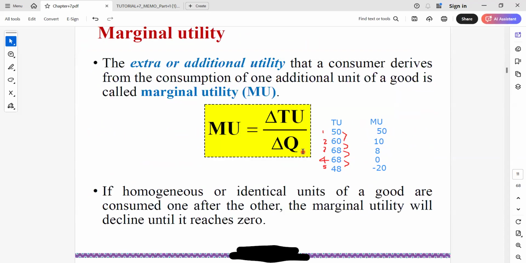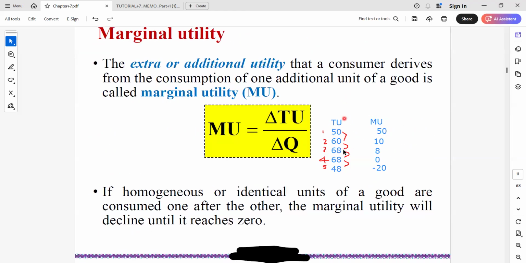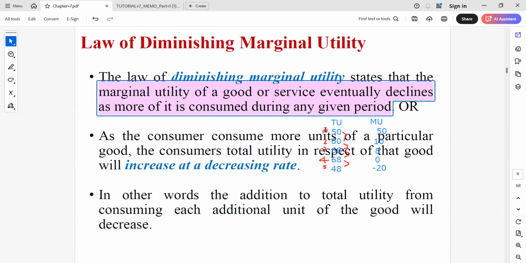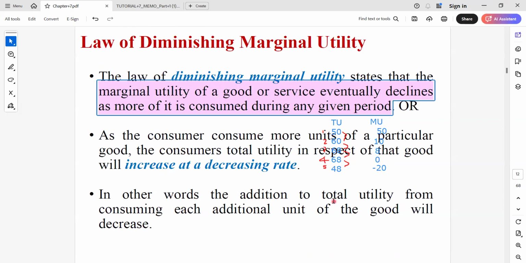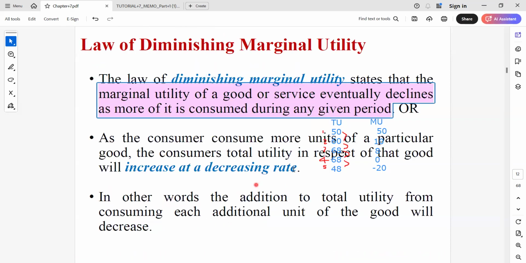I did mention that your total utility will increase, but at a decreasing rate, because the additional extra unit that you are getting is decreasing. In other words, the addition to total utility from consuming each additional unit of a good will decrease. So the addition, which is marginal utility in this case, is what's decreasing.